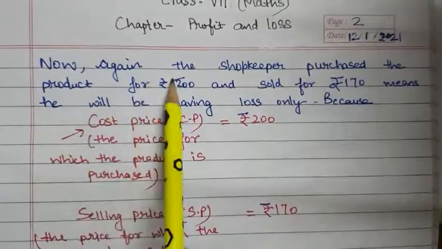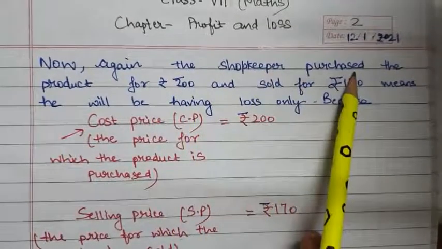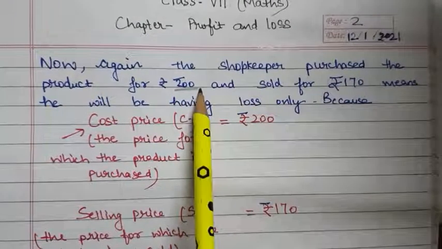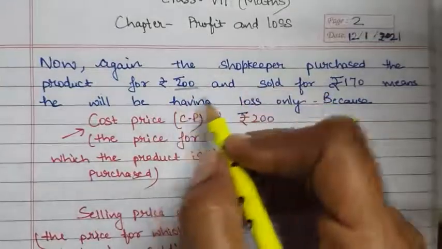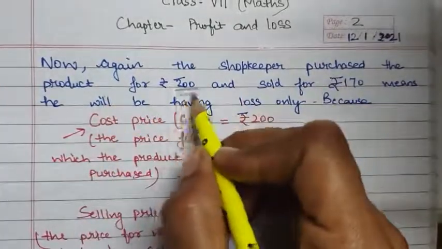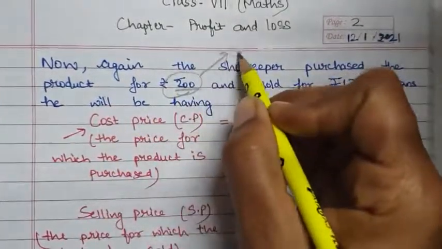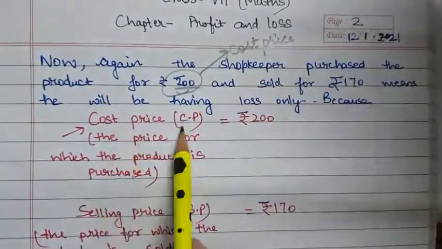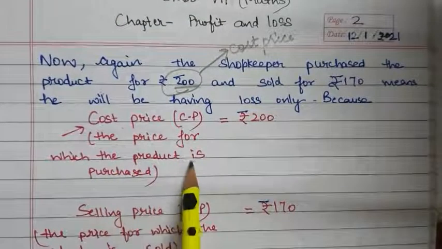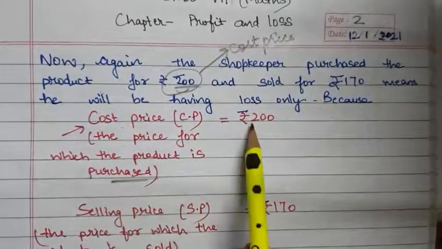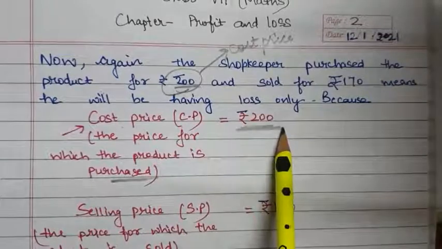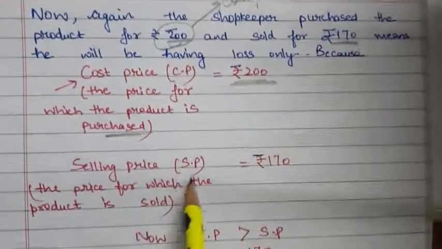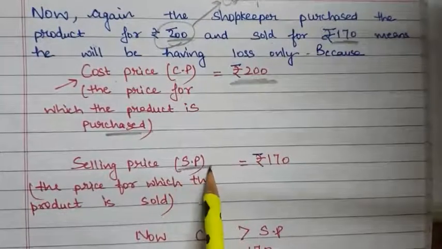Now again the shopkeeper purchased the product for rupees 200. So this will be what? This will be the cost price. See, the price for which the product is purchased, that is the cost price. And he sold it for rupees 170. That is the selling price.